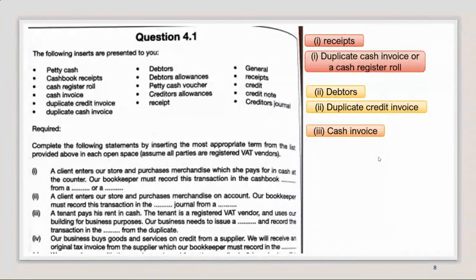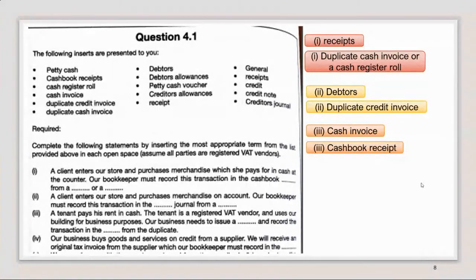Ompile says cash book receipts. So the answer is cash book receipts. Well done, guys.